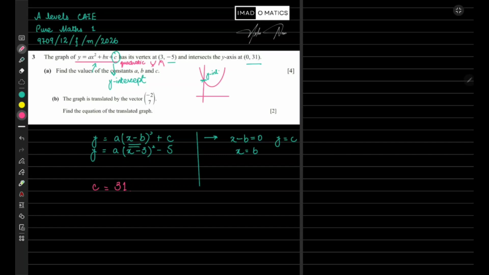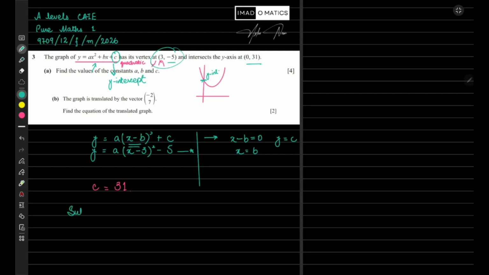Now we need to find a and b. To find a, we can use this root form, because using the vertex we wrote this general form. Now we can substitute the other point (0, 31) in this to get a, because the only unknown variable here is a.